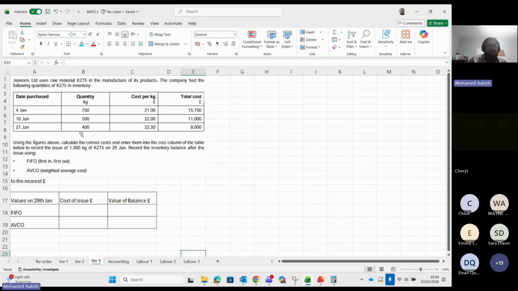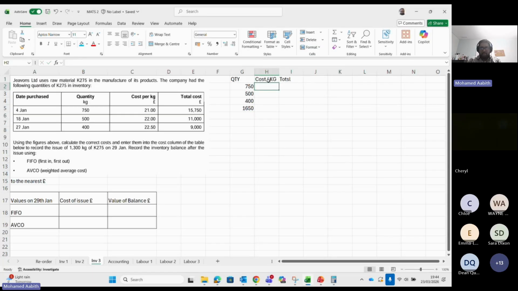So what I need to know now is how much is the quantity. First, let's say the quantity we have in mind. So we have 750, 500 and 400. So the costs per kilogram, we already got them now. And what is the total quantity we have? We have the total quantity and then also cost per kg and then total.